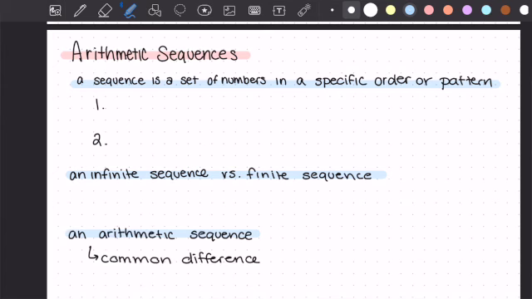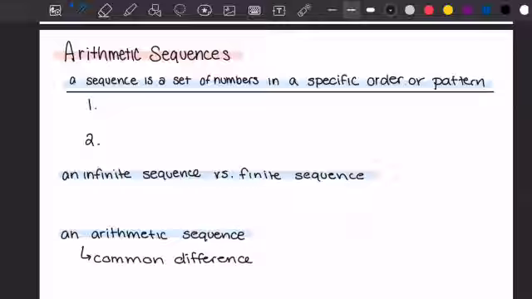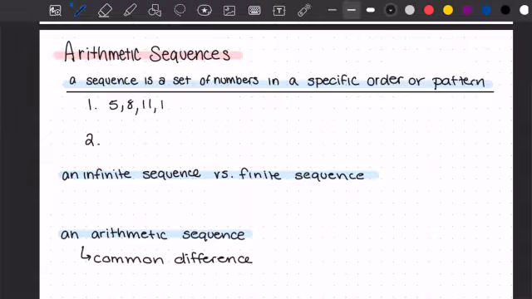Unit 3, but as we start Unit 5, we are going to be talking about arithmetic sequences. A sequence, this is one of your vocab words, is a set of numbers in a specific order or pattern. That's the definition of sequence. An example would be 5, 8, 11, 14, 17, and so on.